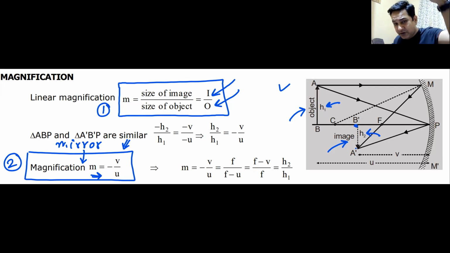The formula is only one, height of the image divided by the height of the object, and all the others can be derived from this. Do we understand this? Yes, sir. Whatever I am noting down, I'm marking in a box. This is very important and you must remember this. I will give you a minute to note these two formulae first, together with the diagram.